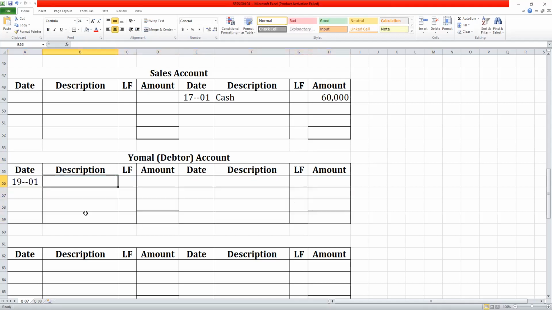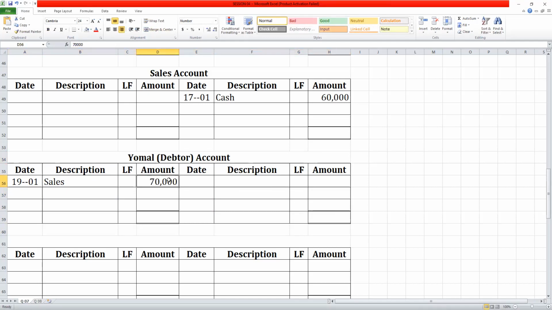19th of January, right? It is sales 60,000. Sorry, it is not 60,000, it is 70,000. Yomal account, debtor account debit.